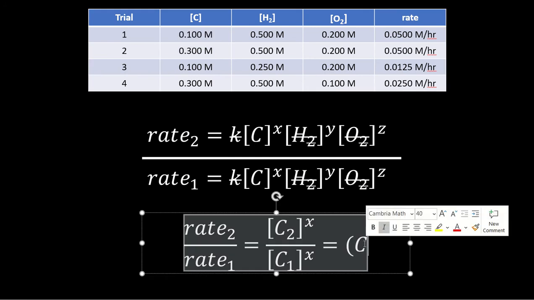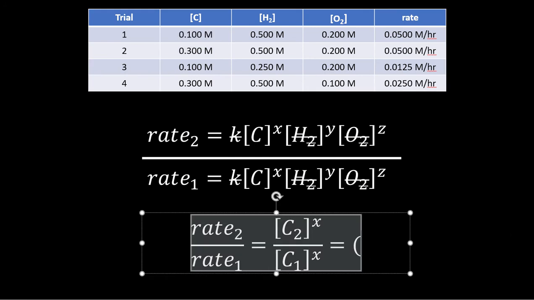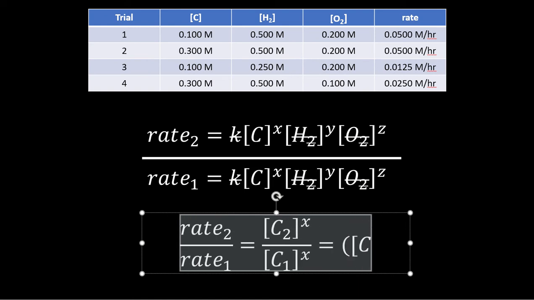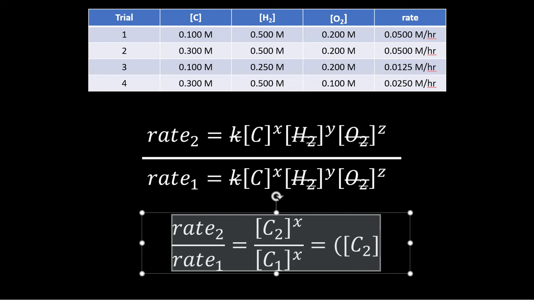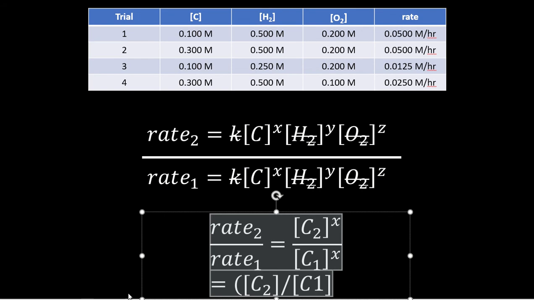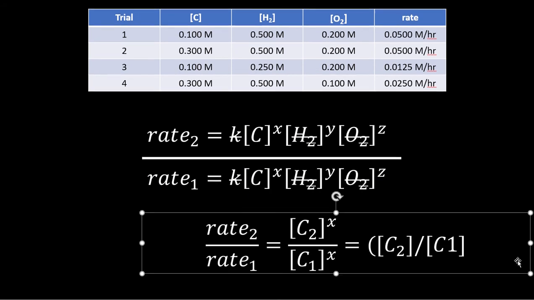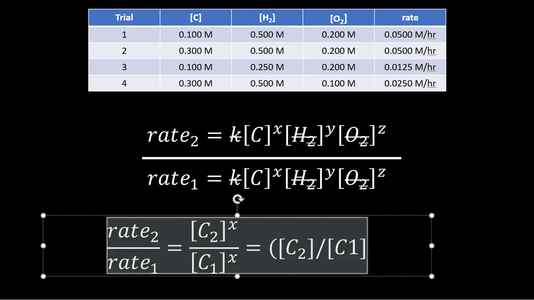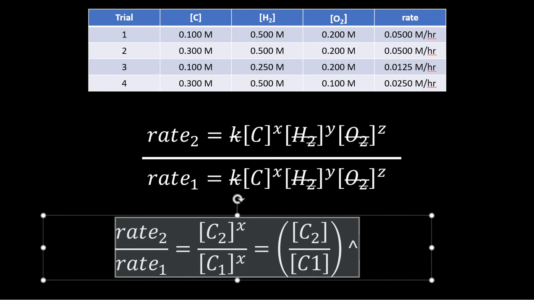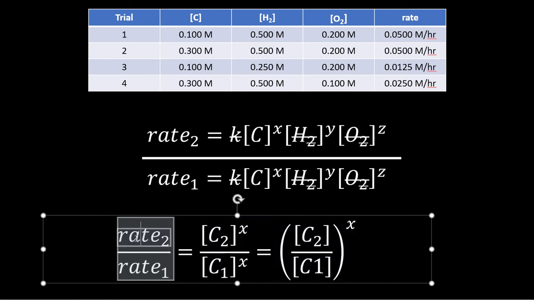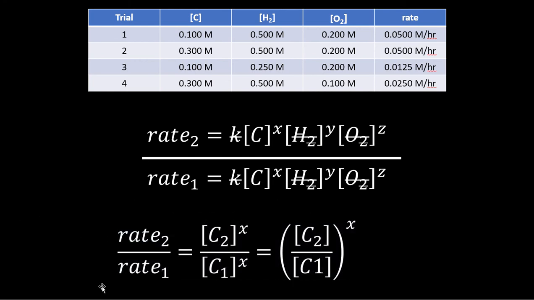Any case, the concentration of carbon in trial 2 divided by the concentration of carbon in trial 1, all raised to some exponent, is going to equal the value of the rate in trial 2 divided by the rate in trial 1.